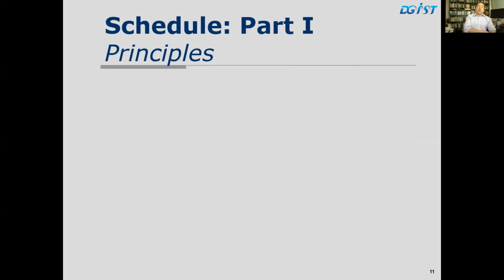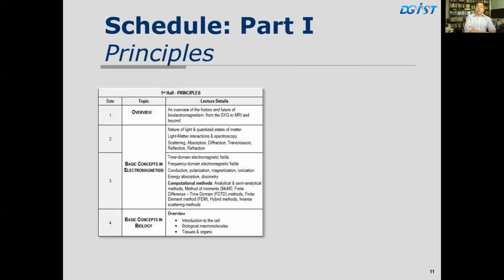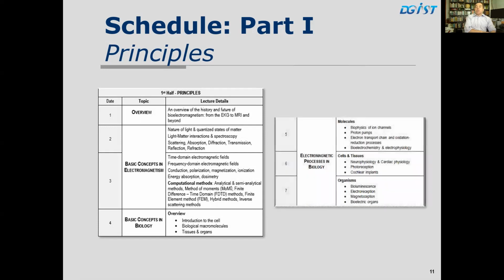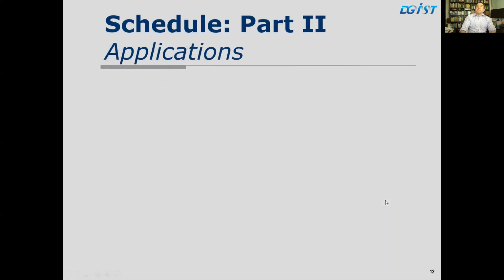So as mentioned, the course has 2 parts. Part 1, first half, approximately, will be the key principles, which will include today's overview, basic concepts in electromagnetism, basic concepts in biology, and electromagnetic processes in biology, going from the small, namely molecules, to cells and tissues, to whole organisms.